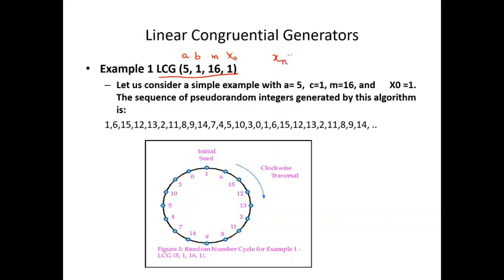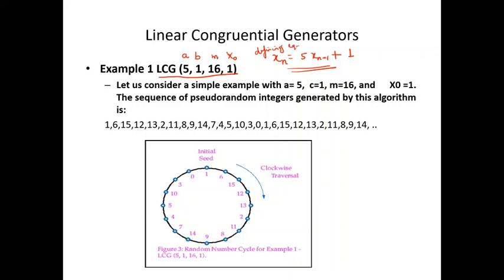I can say xn is equal to 5 times xn minus 1 plus 1, right? So this will be the defining equation.